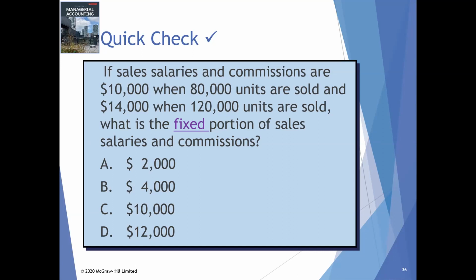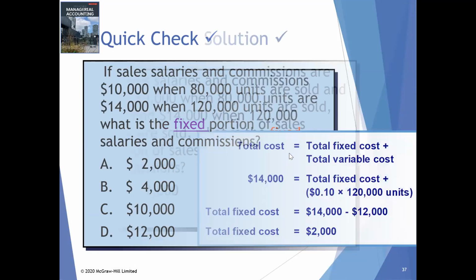So in this, we should know what the total cost is. Let's take an example of 10,000 as the total cost, or 14,000 as the total cost. So 10,000 total minus variable cost, which is 80,000 multiplied by 0.10, is 8,000, then fixed cost will be 2,000 here. So you can see the answer right now.